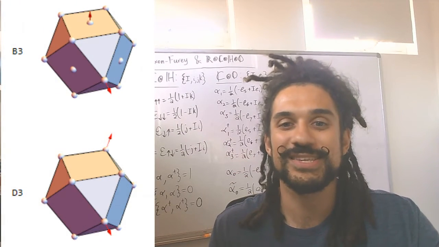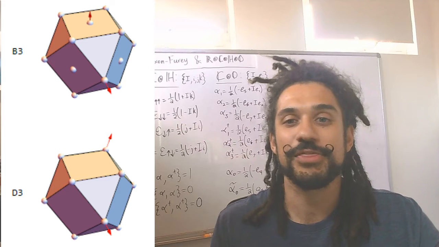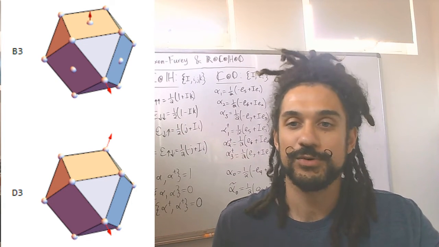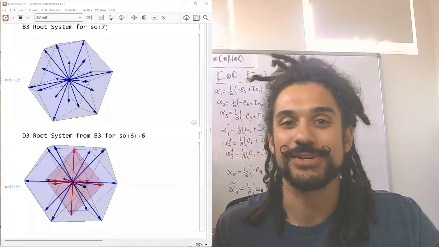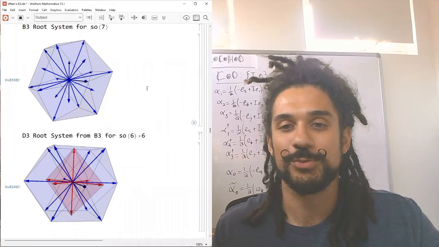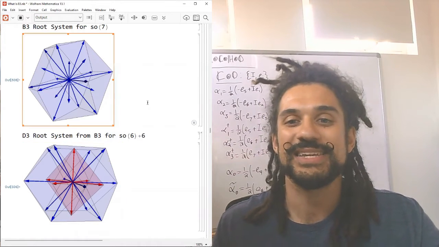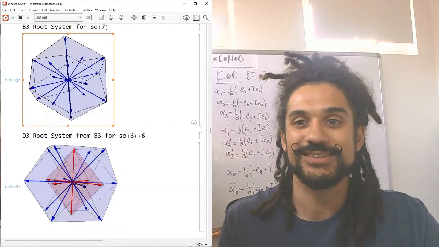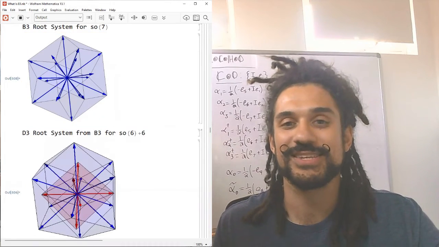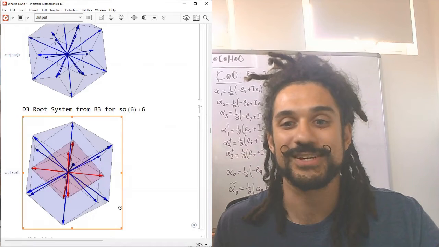In this way, we see that B3 adds a 3-orthoplex, or an octahedron, to the D3 root polytope given by a cuboctahedron. Since B3 contains D3 and a weight polytope of D3, it can be identified that SO6 is a subgroup of SO7, where the octahedron relates to the 6 representation of SO6.